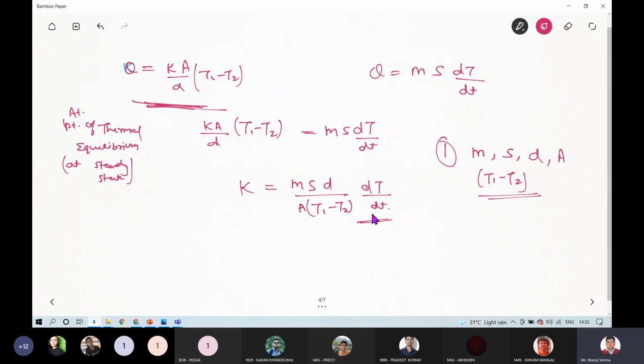Now to find this dθ by dt, let's say the steady state temperatures are 90° and 70°.